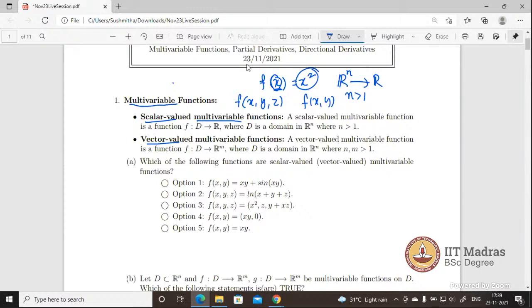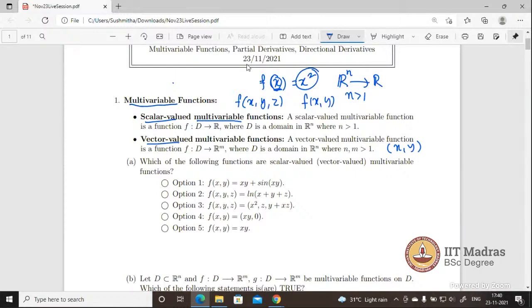It is said to be vector valued if the output is a vector. And by vector, a vector in R2 is represented by two coordinates, right? x comma y. Any element of R2, we call it a vector, or R3, we call those also vectors, because we can represent them as vectors.